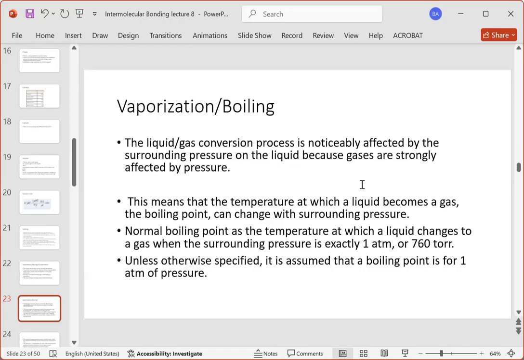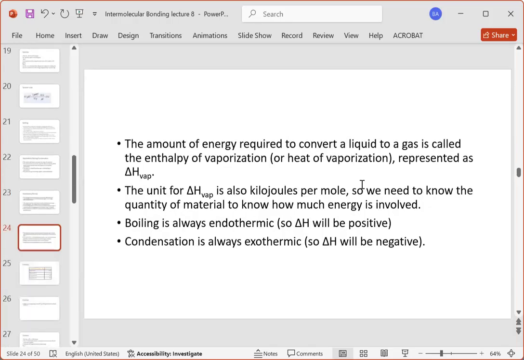Pressure has an effect on the gas. The atmospheric pressure that we experience is measured in atmospheres, one atmosphere, or 760 torr. There are conversion factors: 760 torr or 760 millimeters of mercury.